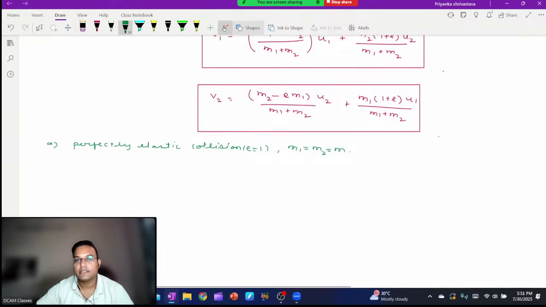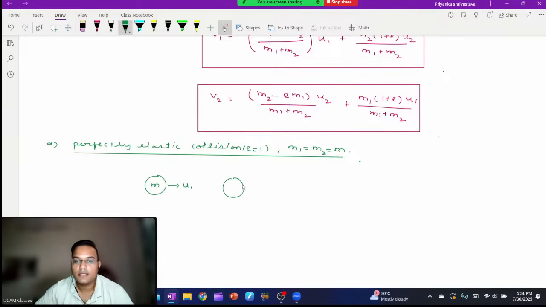In that case, can you find out the value of v1 and v2 in terms of u1 and u2? There were two balls, so I think the velocities will exchange. It's a rule that v1 will become u2, v2 will become u1. That you already know, but using this result also you can find it.